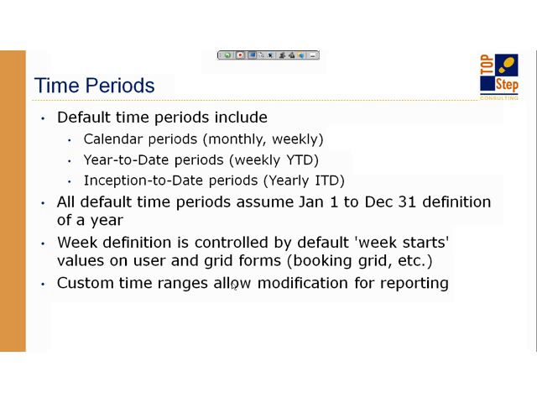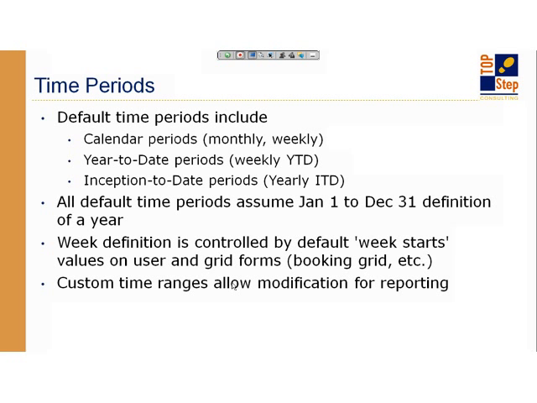So, just to kind of put it in perspective, OpenAir's time periods are, I like to call it Hallmark calendar. Monthly is the 1st to the 31st or the 28th or the 30th, whatever that month is. Weekly is whatever you've defined a week to be, Sunday to Saturday, Monday to Sunday, Saturday to Friday, whatever. The year-to-date periods all depend on January 1st in OpenAir.